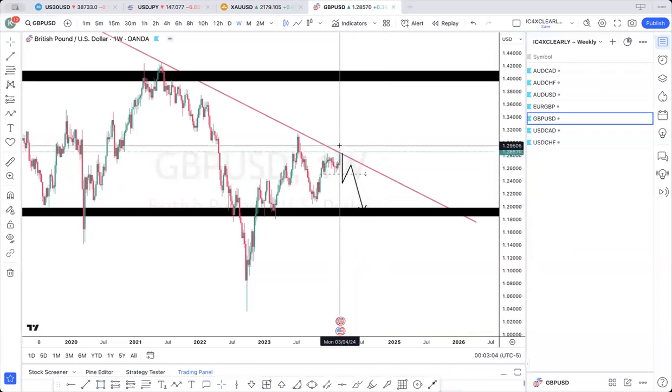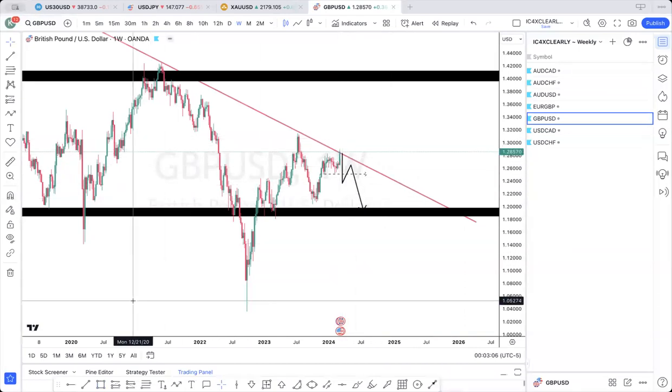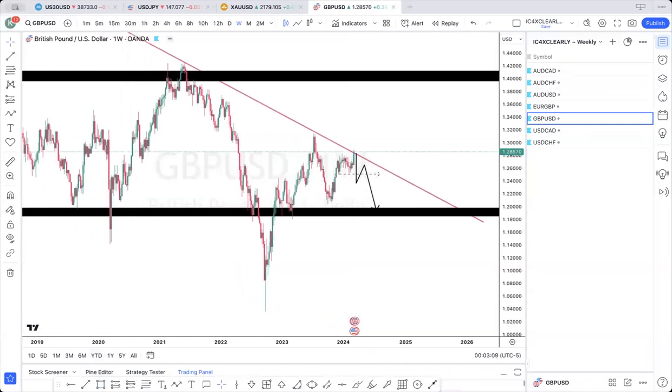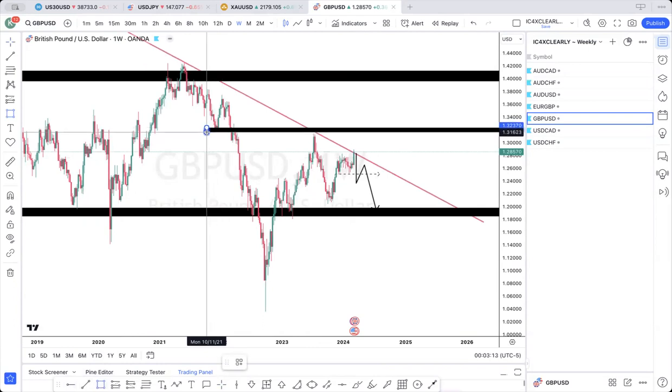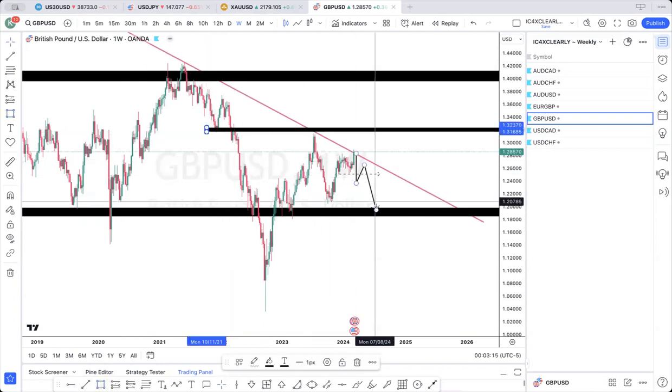However, if price breaks above, then I would be looking for price to, this is so close to the key level.